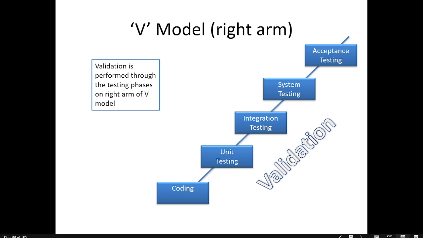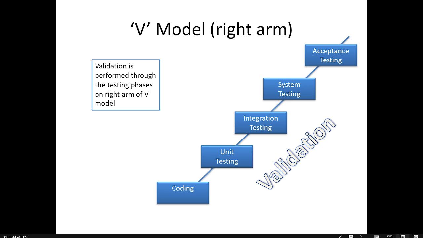We have already discussed that code is actually a software work product, so it can be tested by reading. That means you can test code by using verification methods. At the same time, we can even execute the code and check whether the code is working as expected. That's why validation starts at the coding level only.